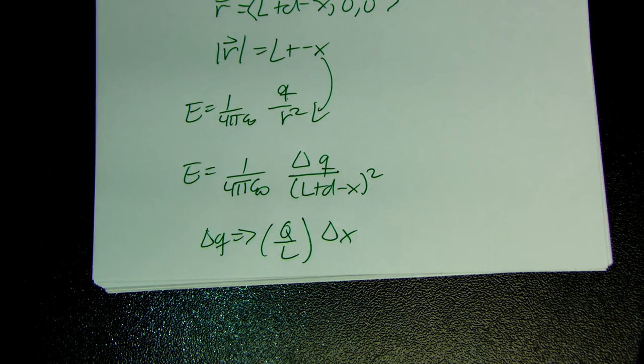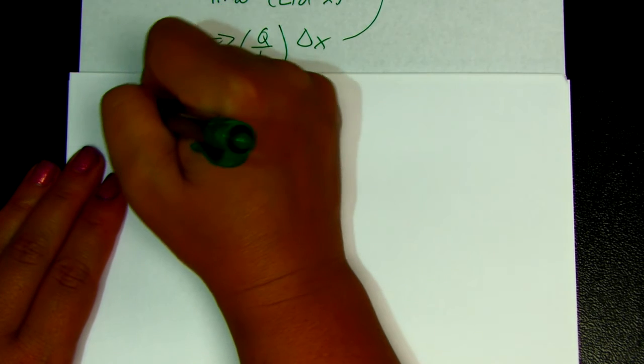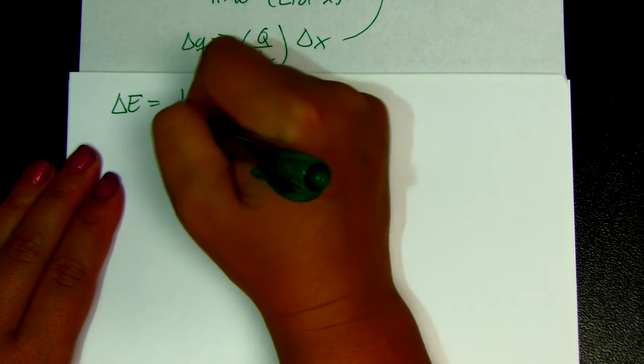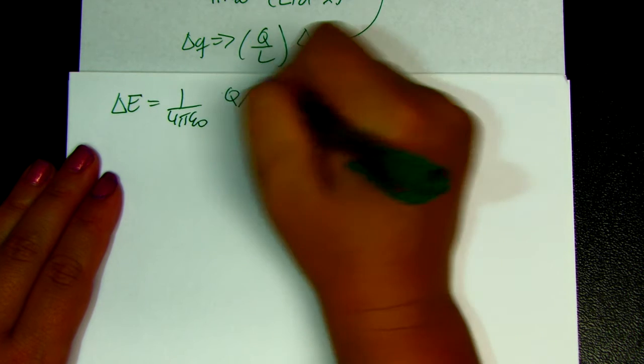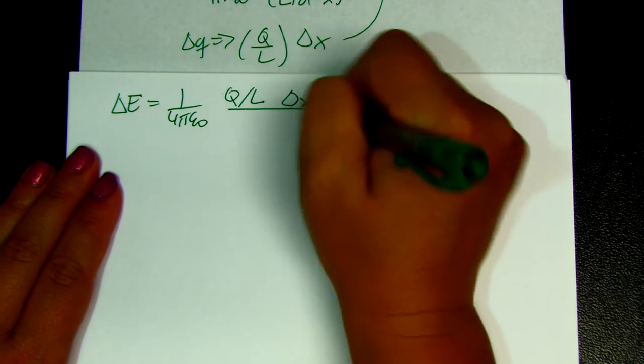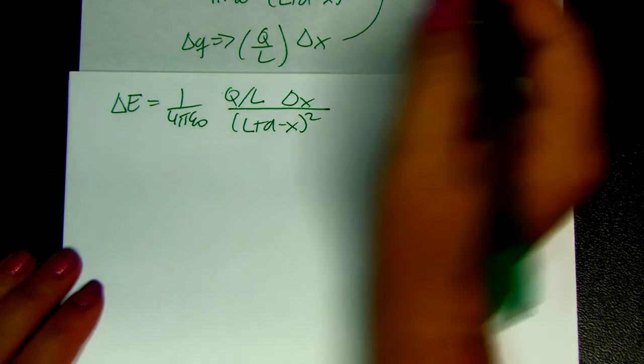All right, so we can plug that in here. And we get that delta E is equal to 1 over 4 pi epsilon naught Q over L times delta X over L plus D minus X quantity squared.